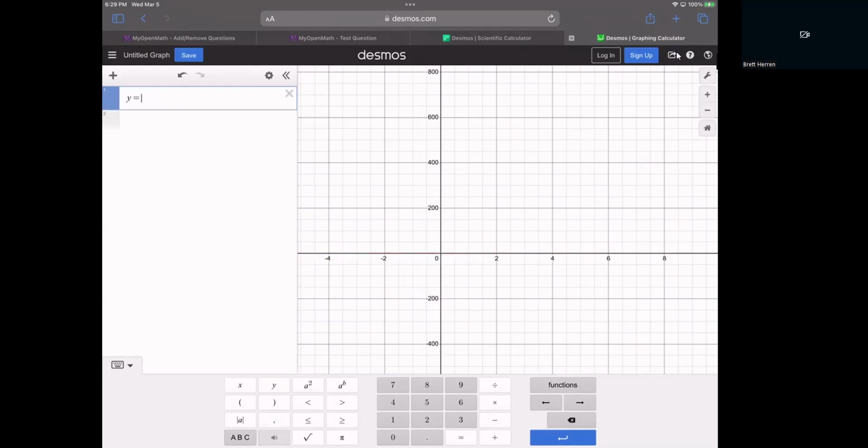And we got 2x to the third minus 36x squared plus 120x plus 6.